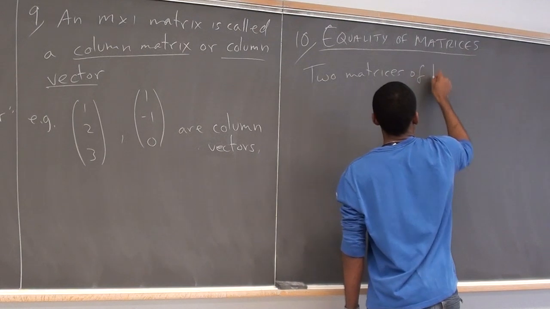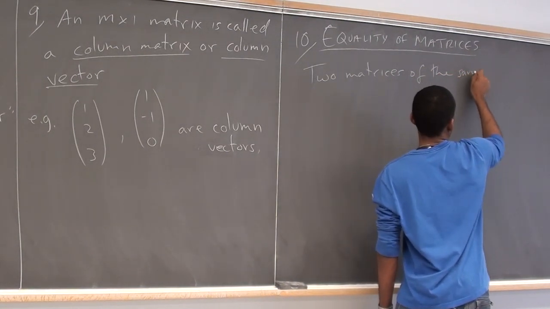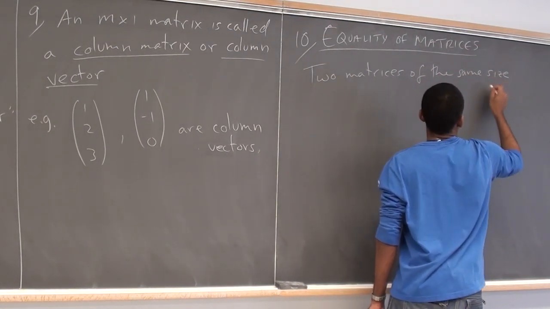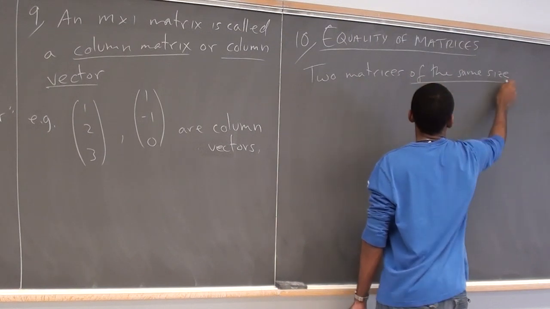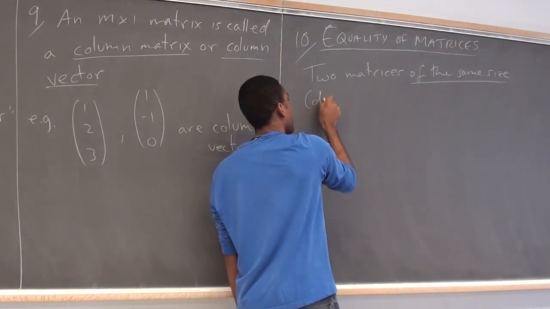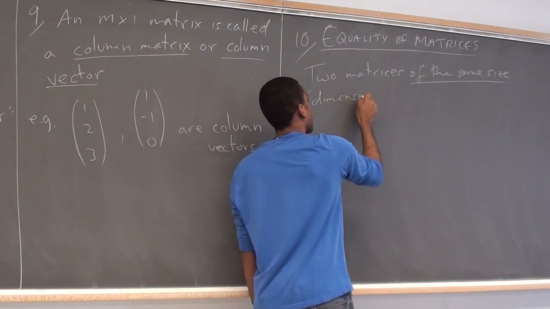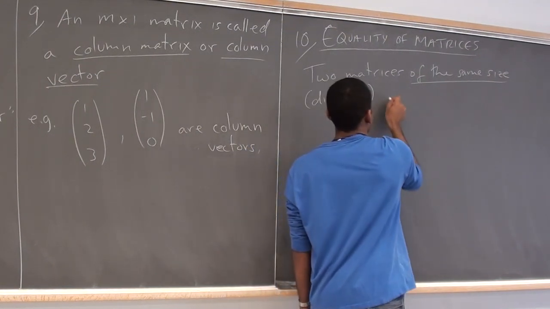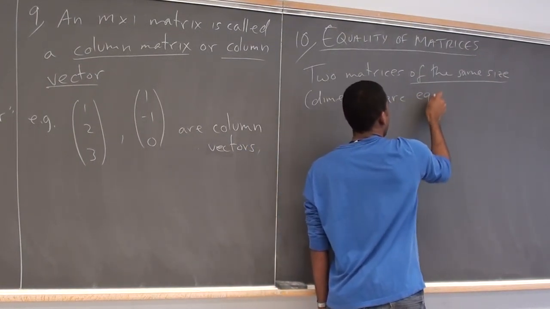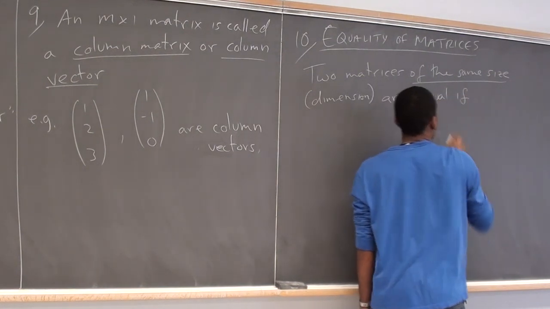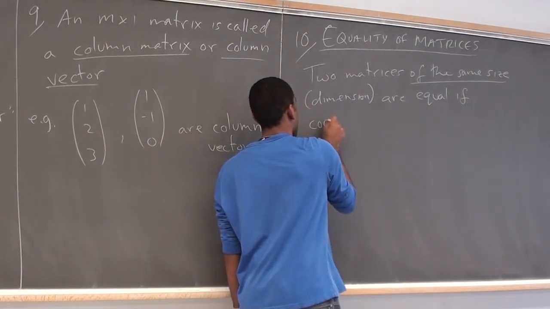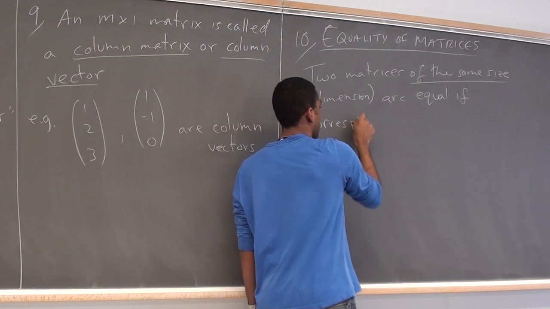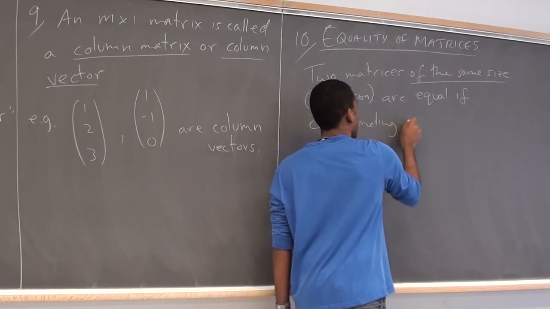Two matrices of the same size, of course, by size I mean dimension, are equal if corresponding entries are.